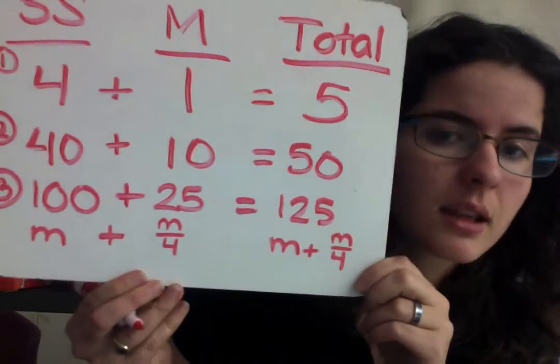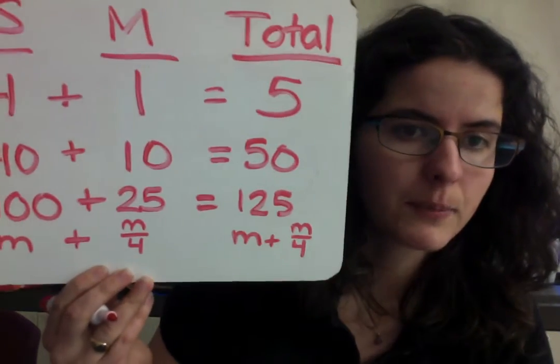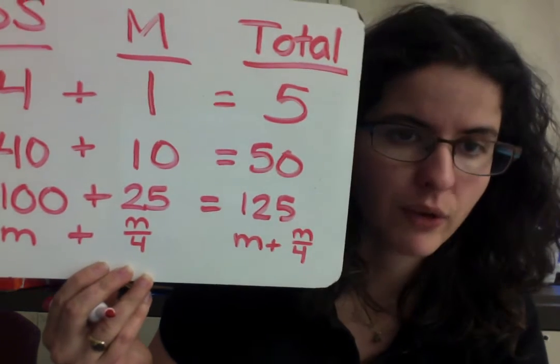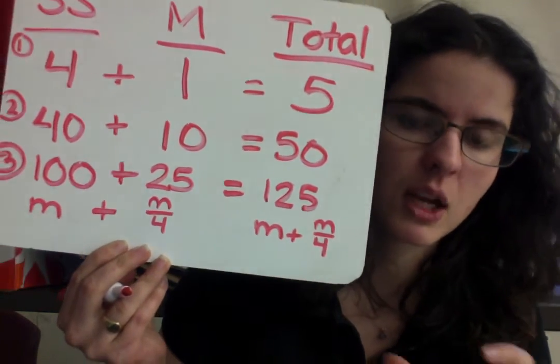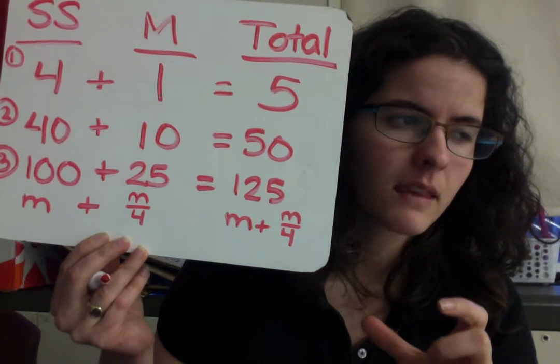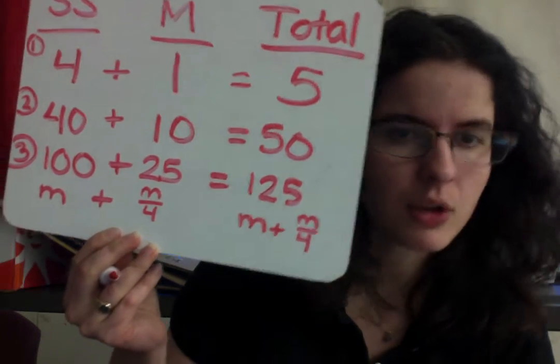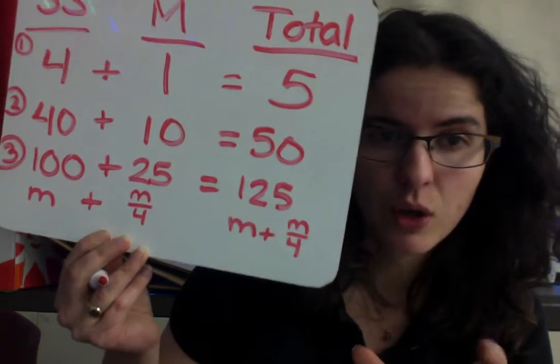Now, I'd also like to think about it in terms of percents. 25% of M is the same as M times 25%. And I want to write 25% in a way that would, for example, be easy to put in a calculator. So 25% would be the same as 25 hundredths, or 0.25.